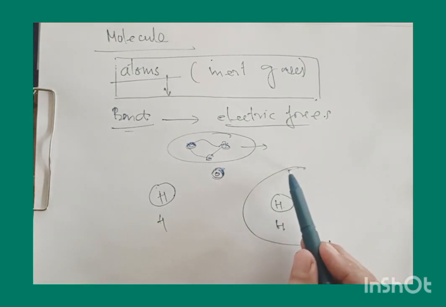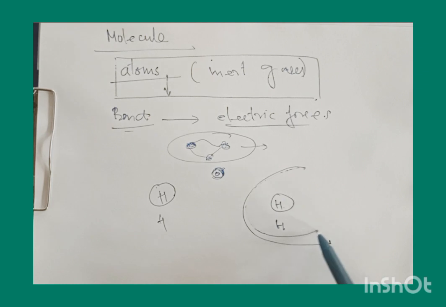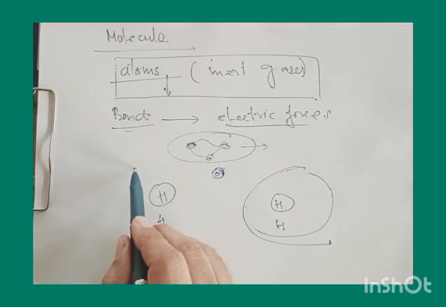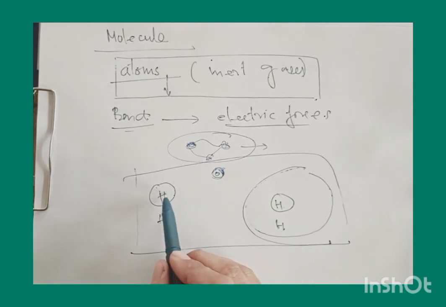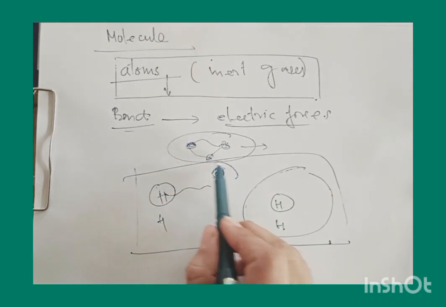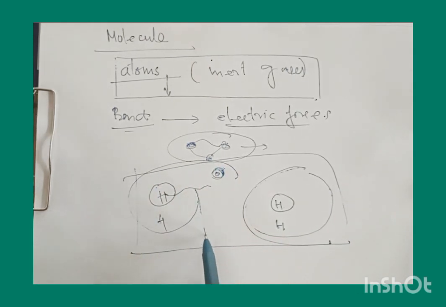So if you remove an atom from this water molecule, there is a rise of another molecule, and the properties of that molecule will be different from the properties of the water molecule that we have.